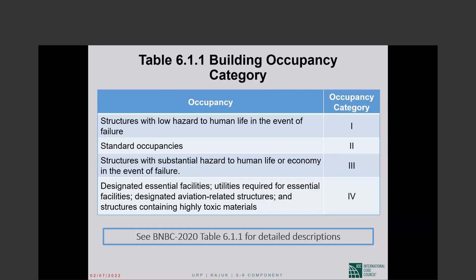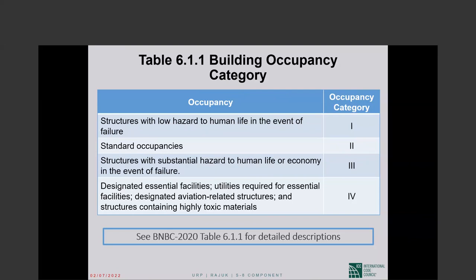Very, very different. Okay? So the occupancy part is defined in table 6.1.1 of BNBC 2020. This closely follows a corresponding table in ASCE 7. So we have occupancy category 1, 2, 3, and 4. 4 are essential facilities or hazardous facilities. 1 is miscellaneous occupancy, as we call it, no life safety, unimportant buildings where no life safety is at stake.